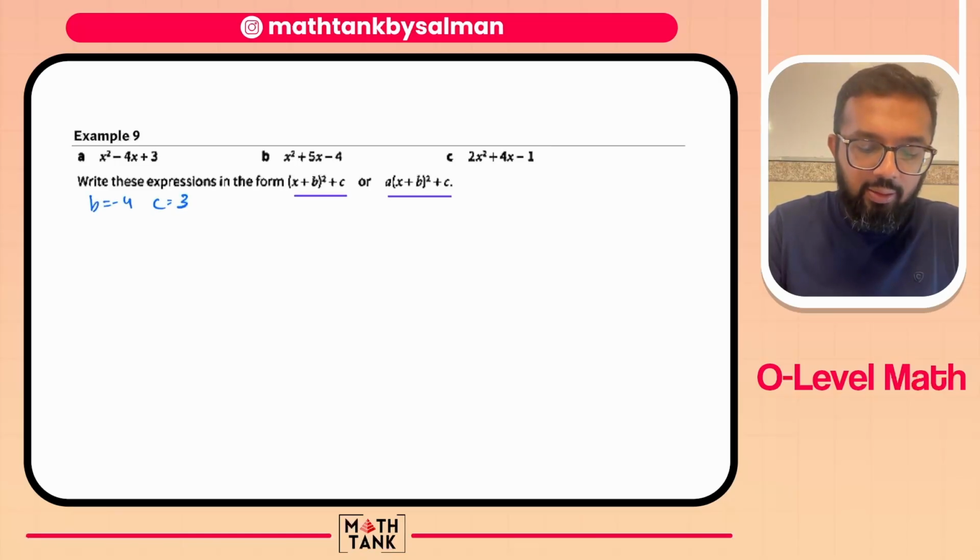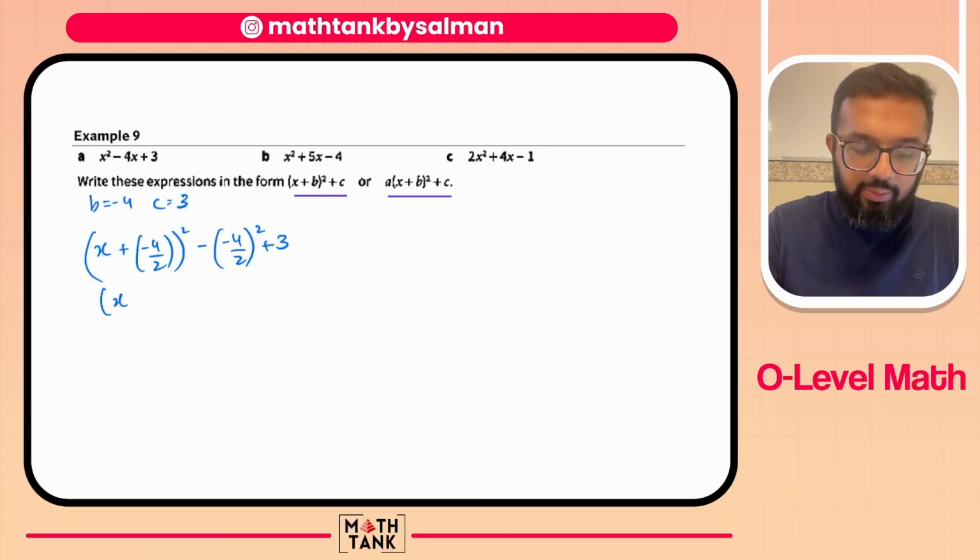So x plus minus 4 over 2 whole square minus 4 over 2 squared plus c. X minus 2 whole square minus 2 squared plus 3.